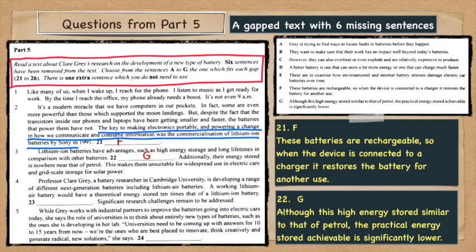And the sentence also matches with the sentence after that, which is: additionally, their energy stored is nowhere near that of petrol. This makes them unsuitable for widespread use in electric cars and grid-scale storage for solar power.